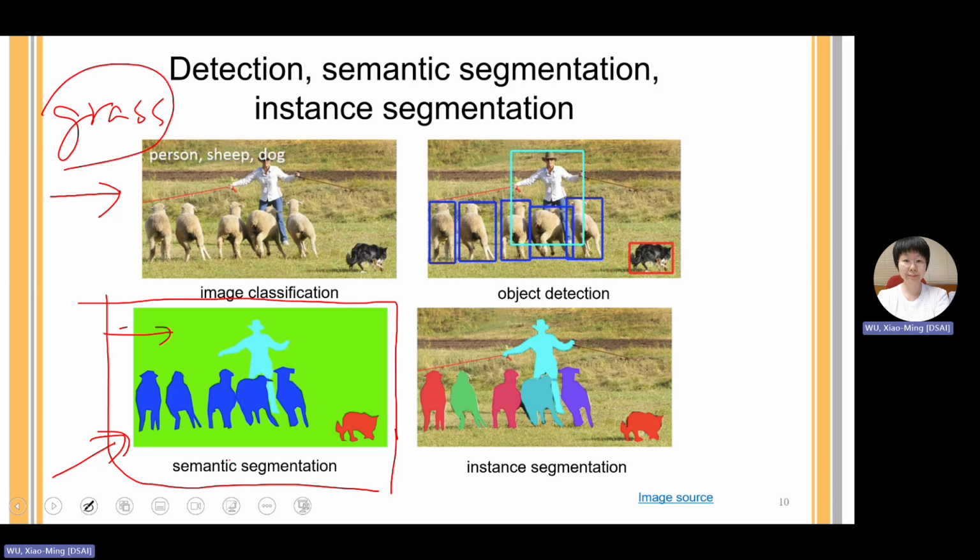Every single pixel within the human is assigned the person class, every pixel for all the shapes is assigned the shape category, and all the pixels belonging to the dog are assigned the dog category. So this is the ground truth image.